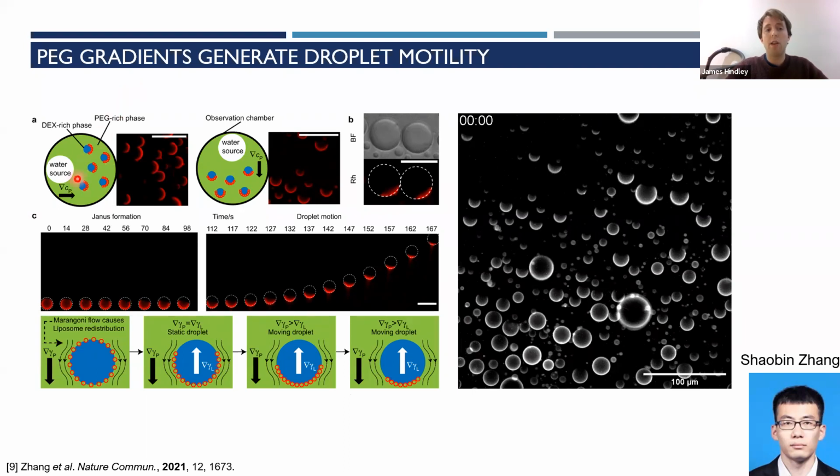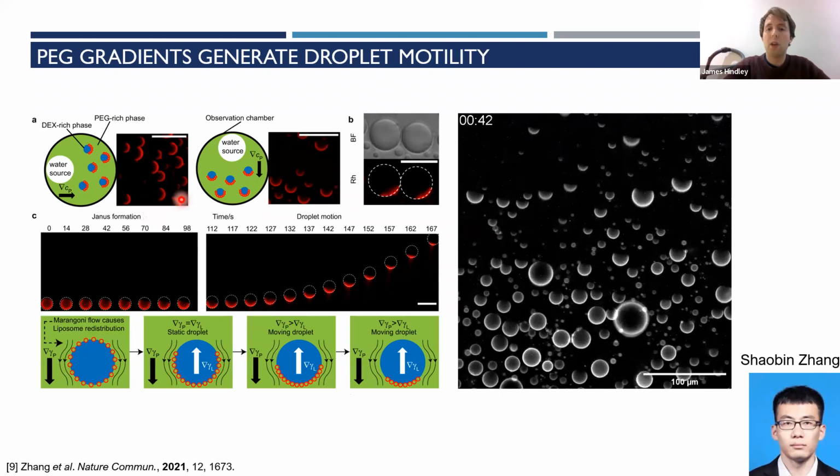So in order to generate a gradient, we would have in our observation well our liposome stabilized dextran droplets in our PEG-rich solution. And by adding a water source on one side of the well, we observed this really interesting motility. So I'm going to play this video.